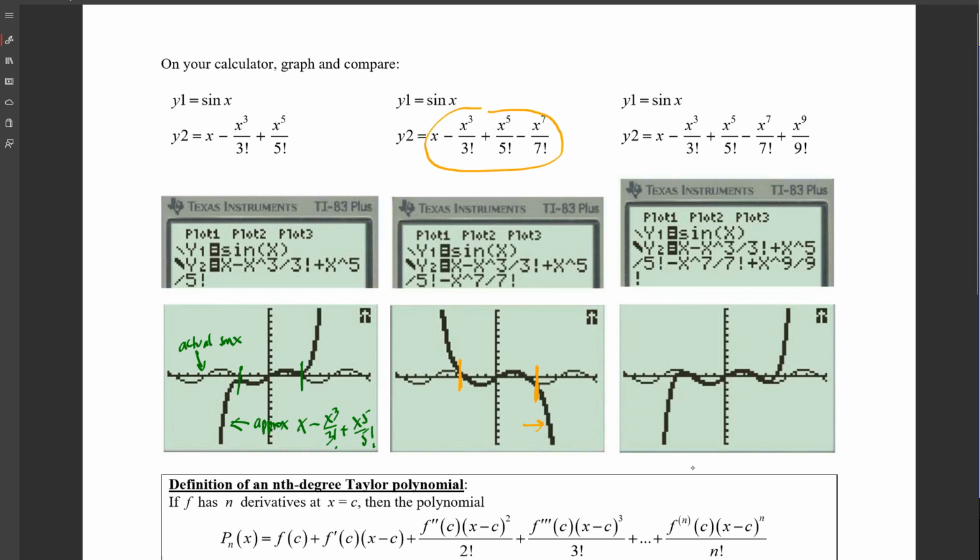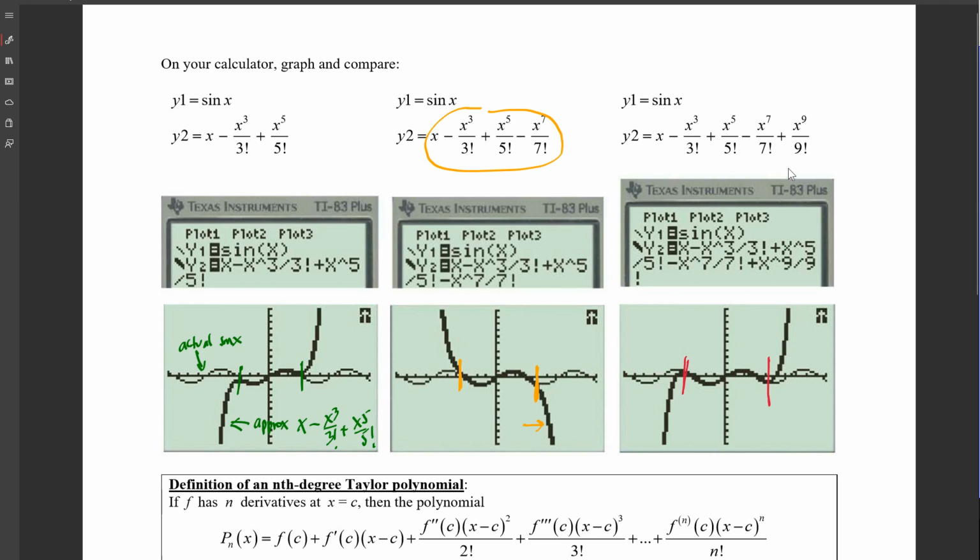Then on this third one, I did an extra term, this x to the 9th term. If I look at where this is a good approximation for sine x, it's a little bit wider than this approximation here, and this one is a little bit wider than the one before. So the more terms I go, the more accurate this polynomial will be for sine x.